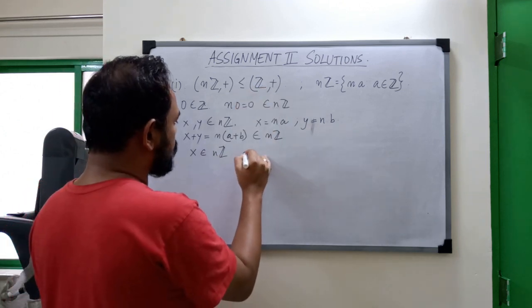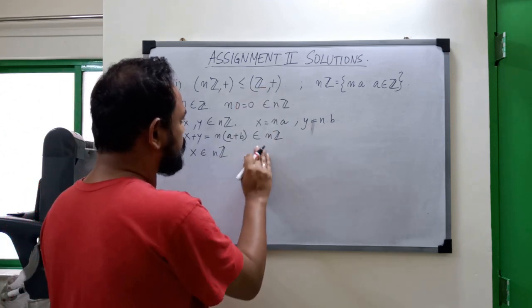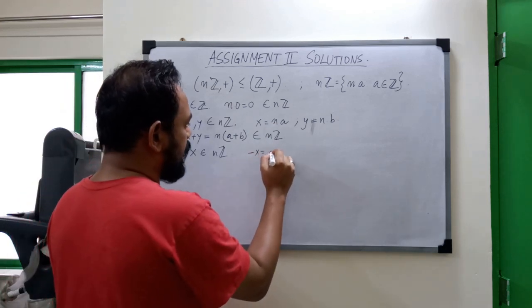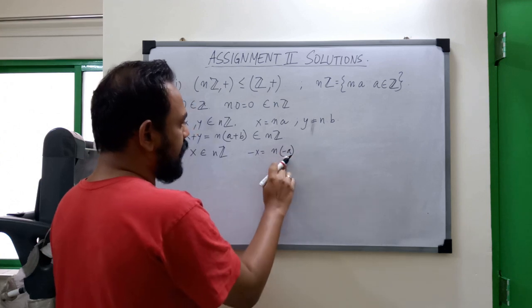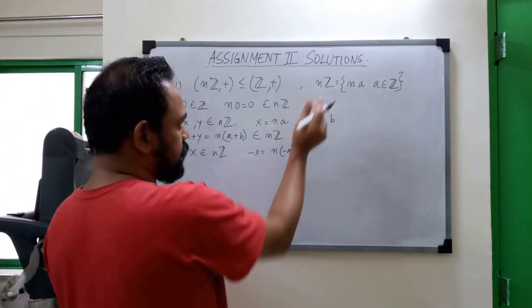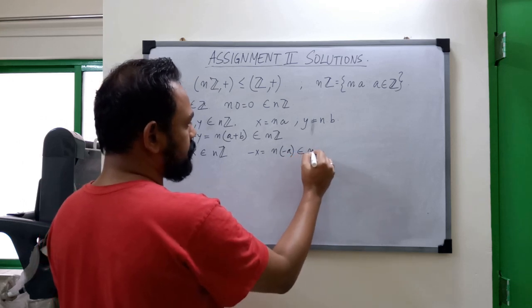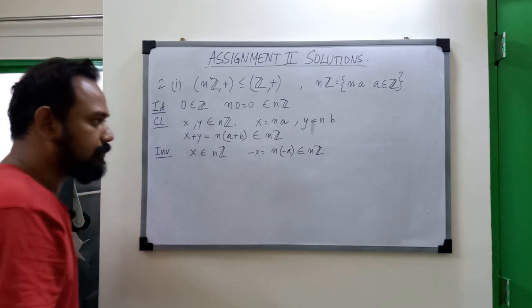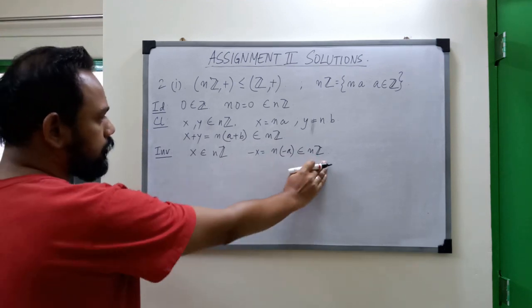So what is minus X? X really is N times A, and minus X would be N times minus A. But if A is an integer, then minus A is also an integer. So again, this is in this form, so this has to be an element of NZ. So X belonging to NZ means that minus X is an element of NZ. So the additive inverse is also there.